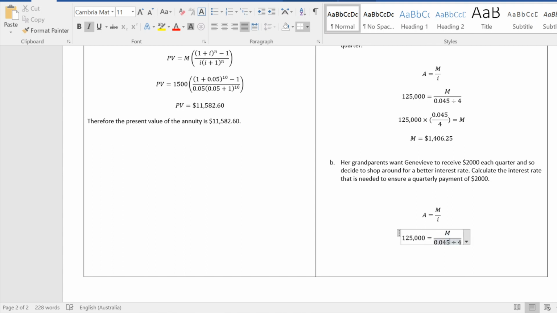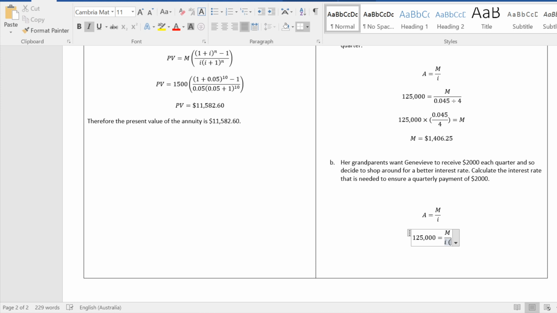What's going to happen now is we need to find the interest rate per quarter. And I'm just going to write that here. Keep in mind this is per quarter. This time, the amount we want to receive from this perpetuity is $2,000. Now, to rearrange it, this is what we're going to end up with.